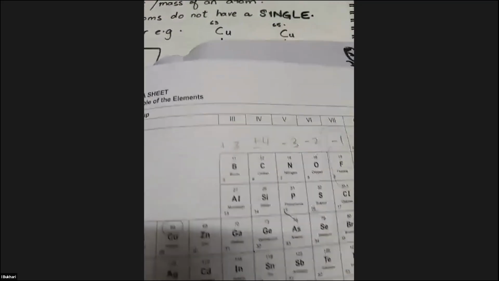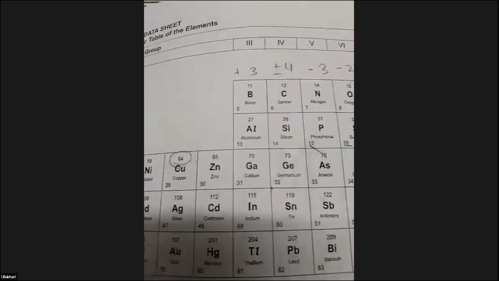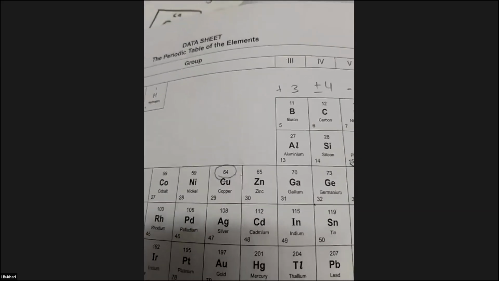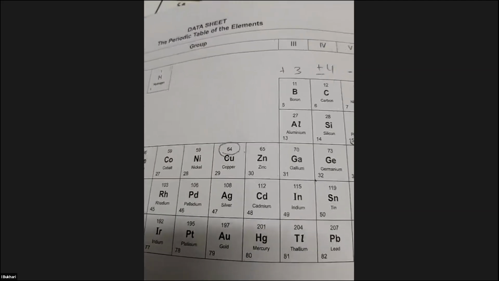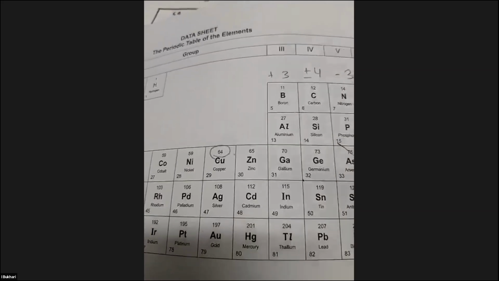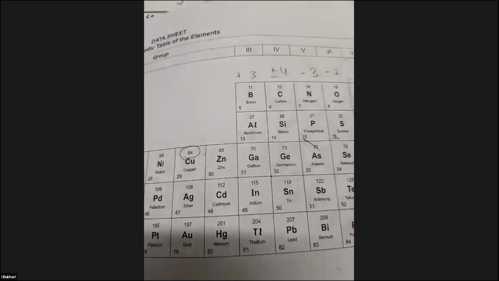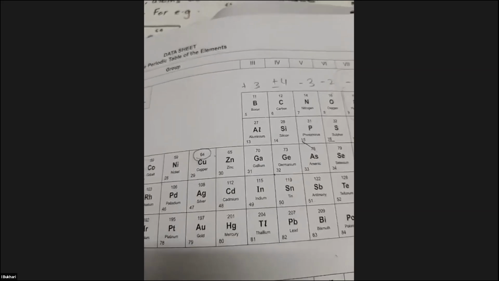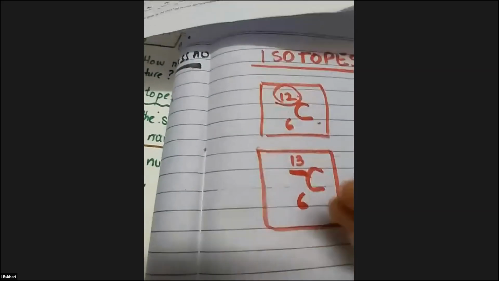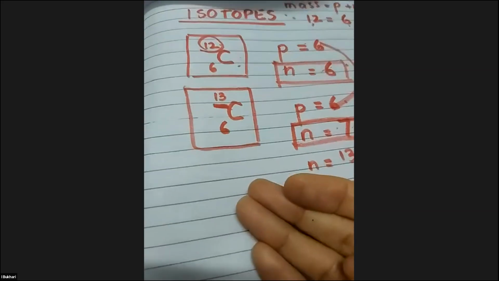What the scientists did was they took as many carbon atoms as they could from different sources, from different parts of the world, randomly. Then they measured their atomic masses and wanted to find out how many of them are carbon-12 and how many are carbon-13, and also if there's a third isotope, because some elements have even 3, 4, 5 isotopes.